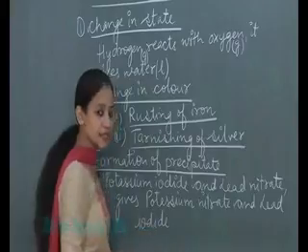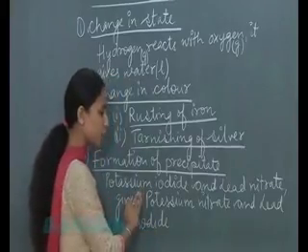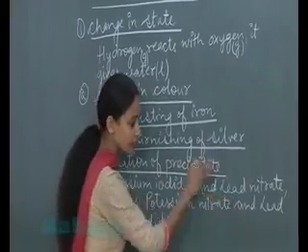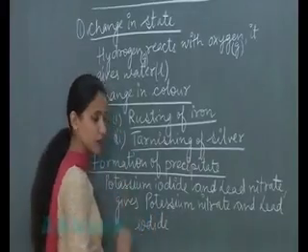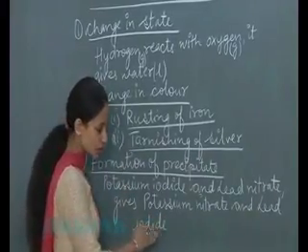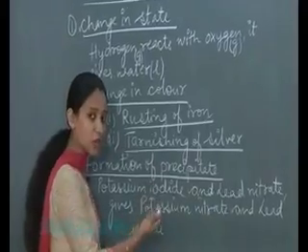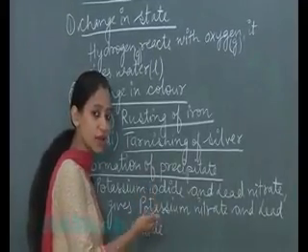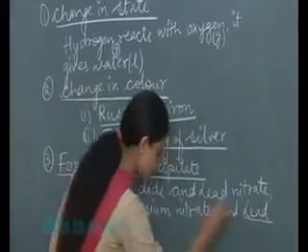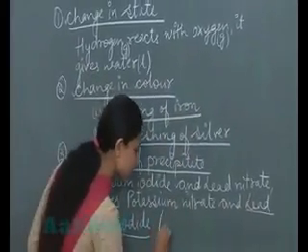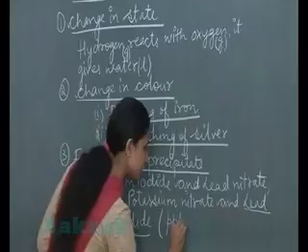In this reaction, this lead iodide is actually observed as a solid residue at the bottom of the beaker. This solid residue is also known as precipitate, or simply in the short form it is written like this.